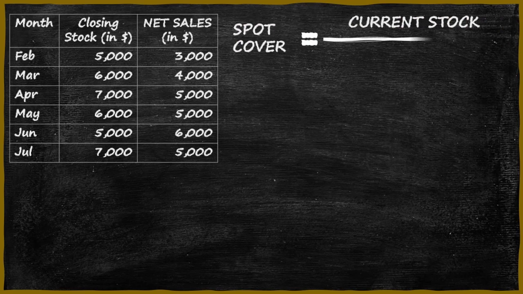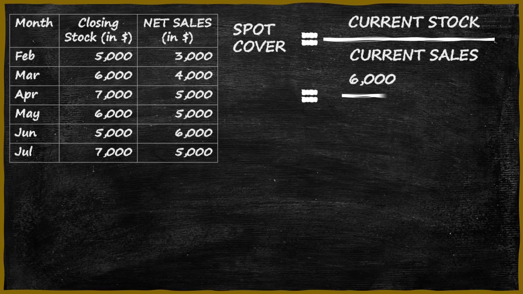Let's explain this with an example following from the example that we used in the previous lecture. We will calculate the inventory cover for Acme Retail at the end of March. We have the information of the monthly sales and stock. Information till March is actuals. April onwards, it's a forecast. Now we calculate the spot cover.